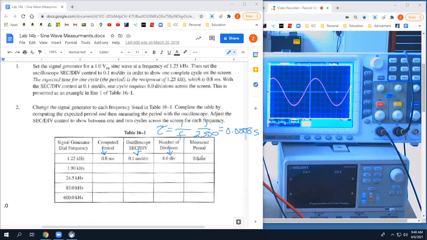The measured period would be 0.8 milliseconds, because 0.1 milliseconds per division times 8 divisions equals 0.8. The divisions cancel, I'm left with 0.8 milliseconds, and that's where they got that number. Is that sinking in for everybody's brain?